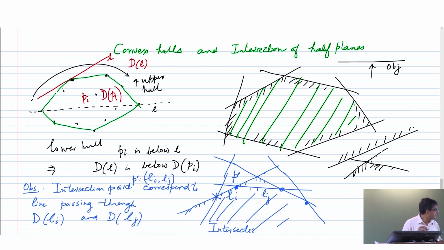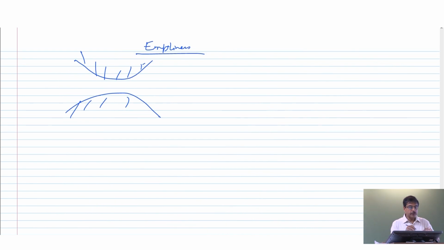Now if that portion is empty, it will come out to be something of this sort, where the two chains will not intersect at all. But separately I can construct the two chains, and then I can easily find out whether they intersect or not. If they intersect, then it will be like this.